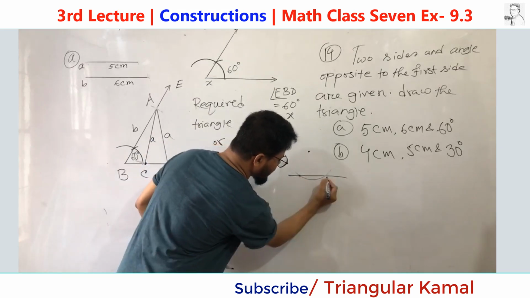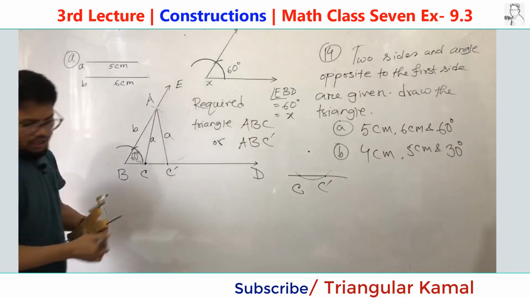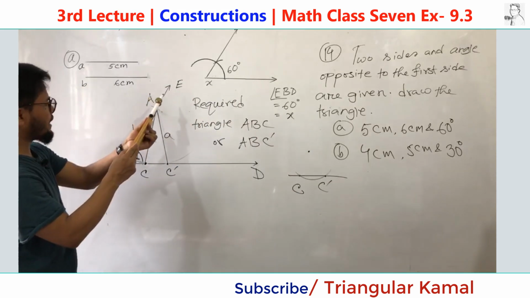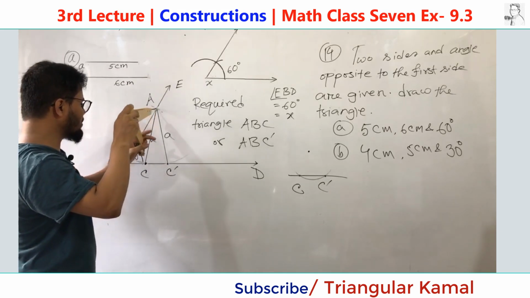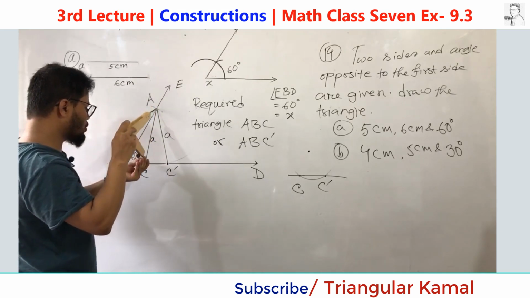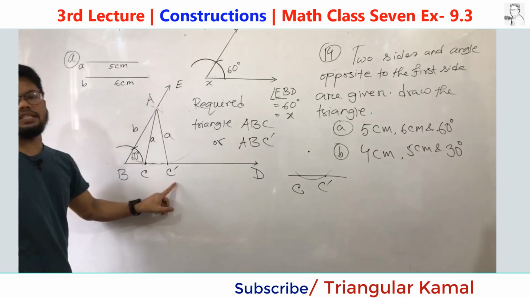These intersect at the points. This one is C. This one is C prime. So similarly, taking A as a center and 5 centimeter as a radius, draw 2 arcs which intersect the BD line at the points C and C prime.